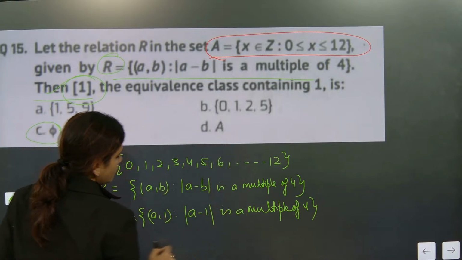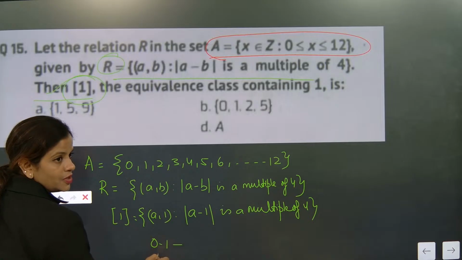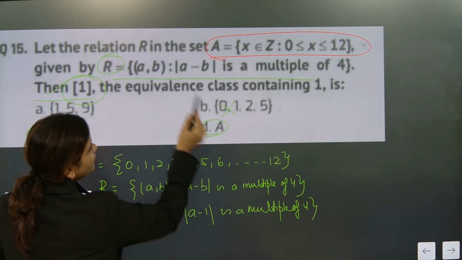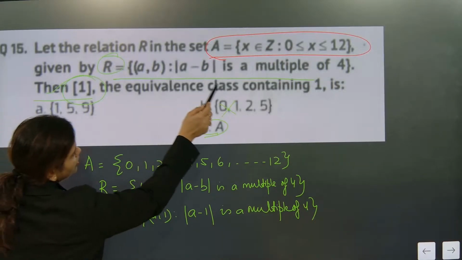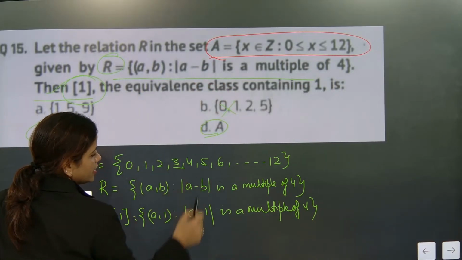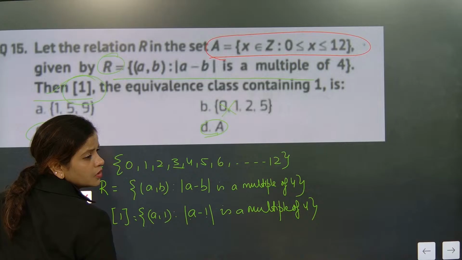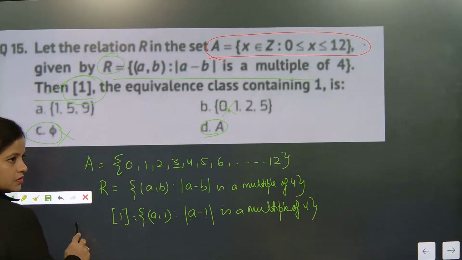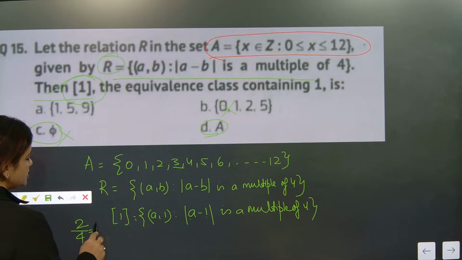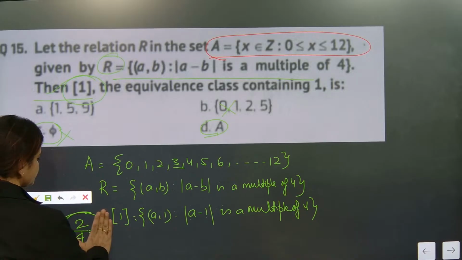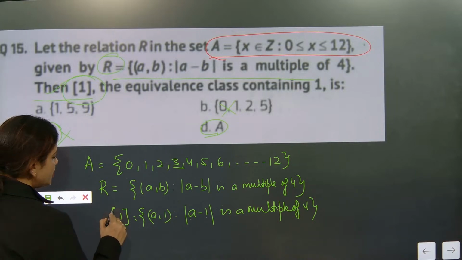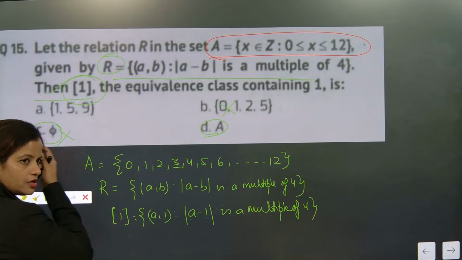If we put 0, so 0 minus 1 is not divisible by 4. So that means this is also not true. All the element of A we can't take. Why? Because the moment you are taking here 3, 3 minus 1 will become 2. Is 2 divisible by 4? No. It will come fraction. 2 divisible by 4 means it is coming 1 by 2. It is coming as a fraction. Understood or not? So if it is coming as a fraction, it is not possible.